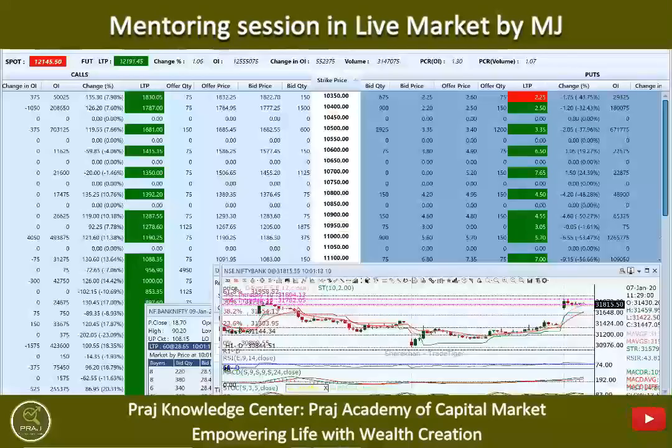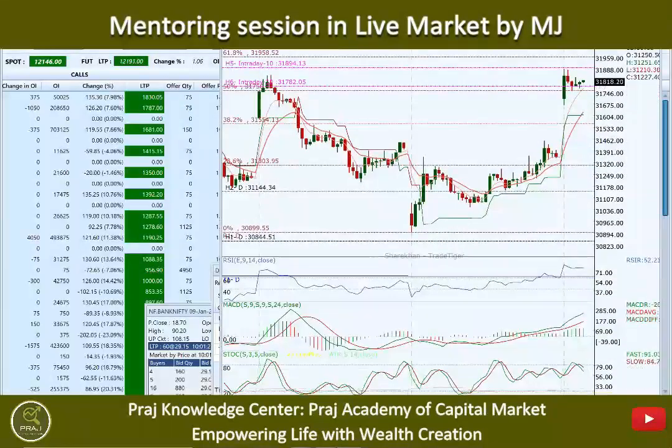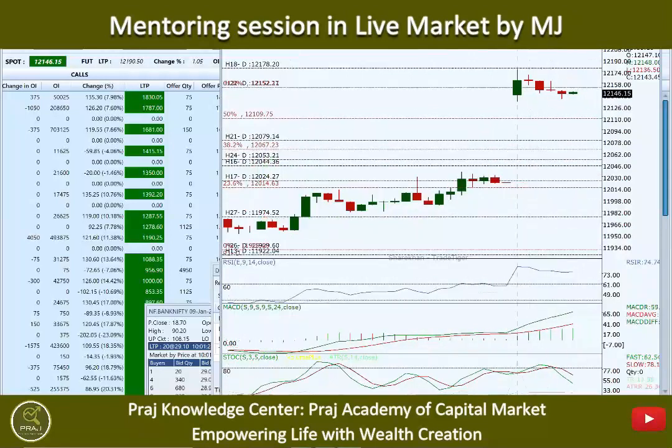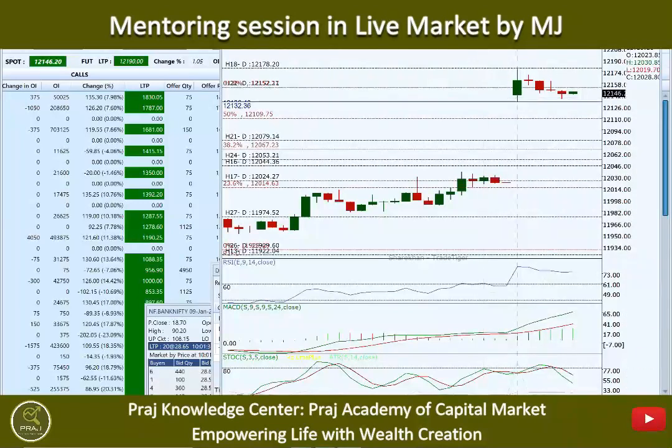But this would also be visible from the 10-minute candlestick. If you look at the 10-minute candlestick in Nifty, Bank Nifty also is more than 25% of ATR as well as in this place. 132, 178.